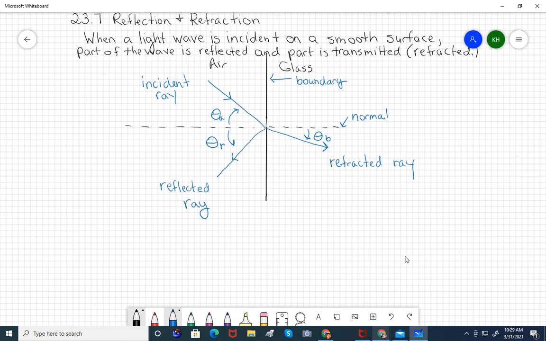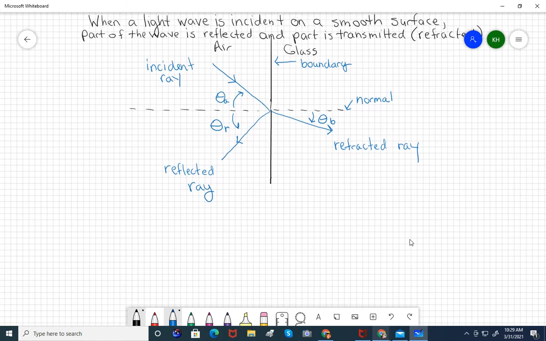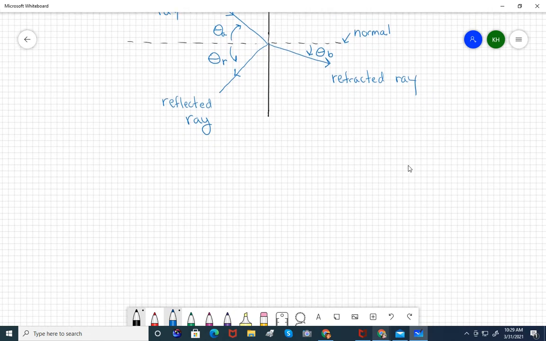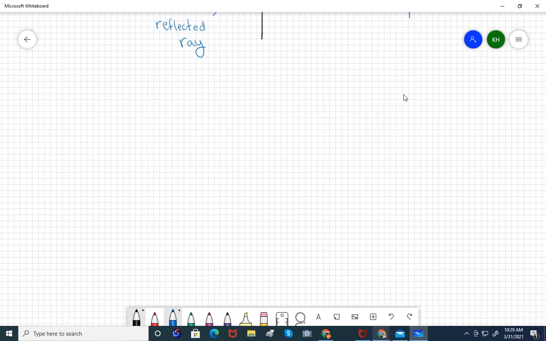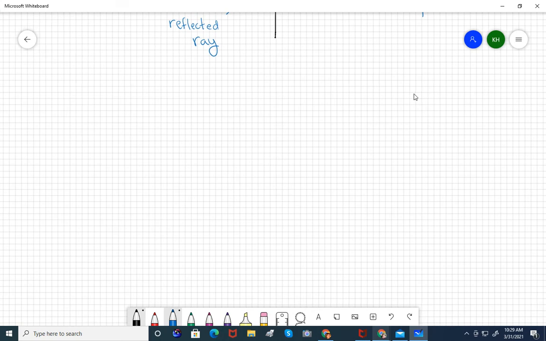Now, when light hits a surface, whether it's something like glass or water or even just the wall in a room, there's basically two broad categories of reflection. One is called specular reflection. Specular reflection occurs when light strikes a very smooth surface.